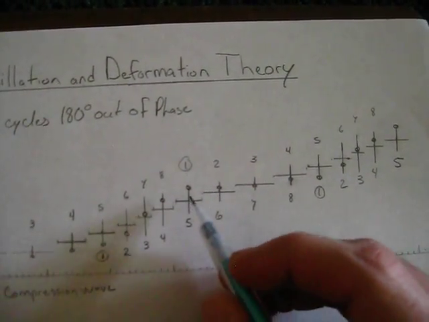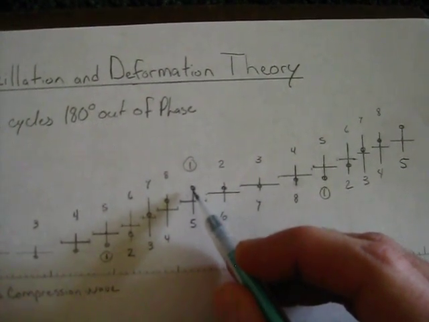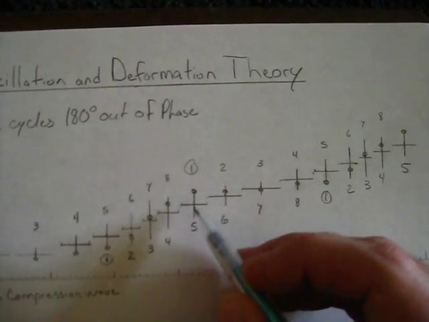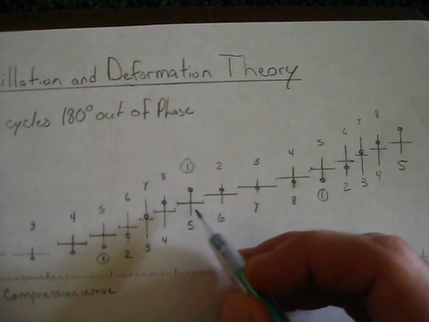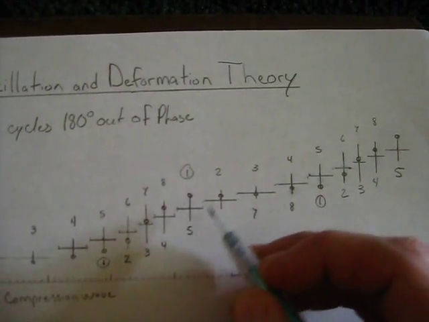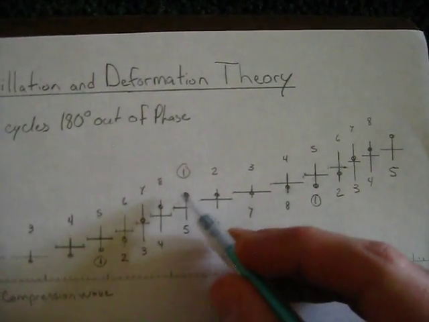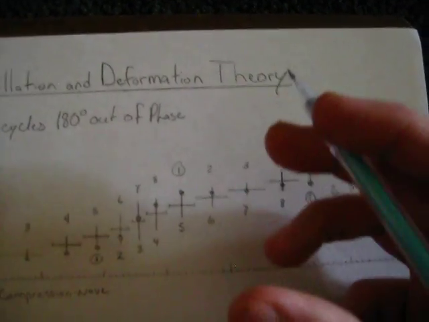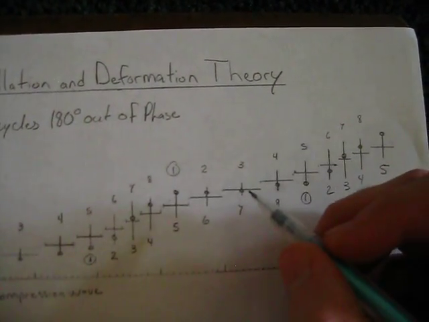So you can see as the wave is starting to compress here, the y-axis is compressing, the compression wave is on the top, so as to pull the bottom half up.